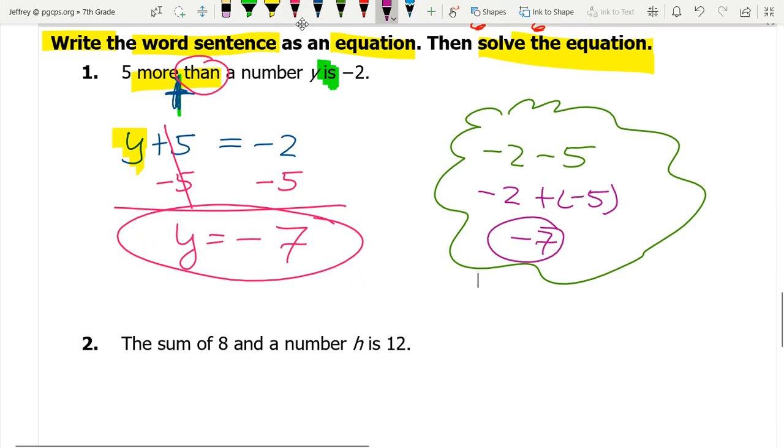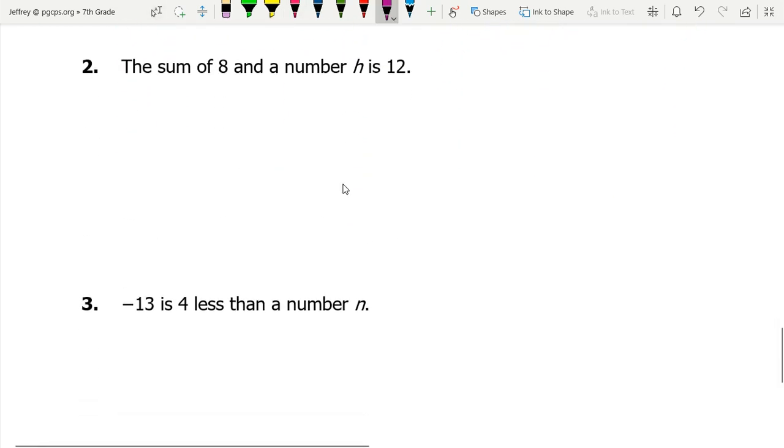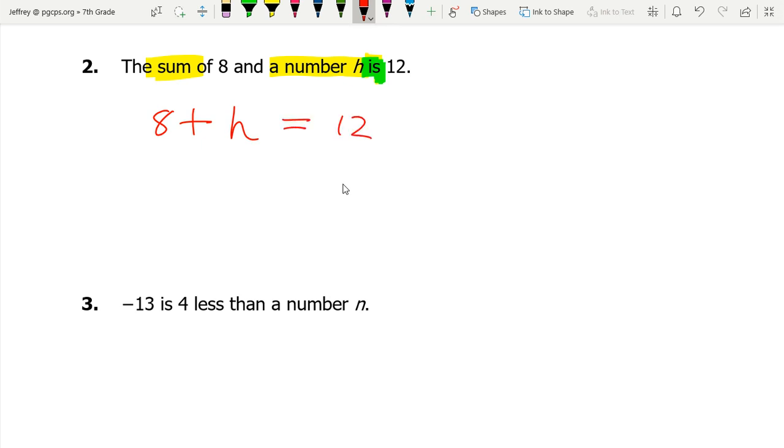Let's do number 2. The sum of 8 and a number h is 12. So again, the sum means we're adding 8 and the number h. We don't know the number, it's represented by h. The result is 12.